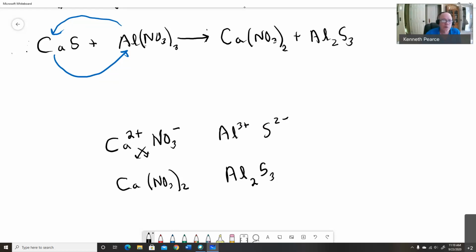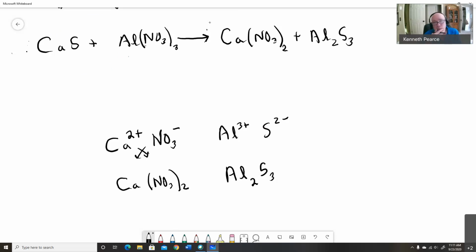Okay, now at this point the equation is not balanced, and so we do need to balance the equation. And so we look over here and we see calcium. We have 1 calcium on each side. Well, so far so good. I see 3 nitrates over here on the left hand side with the aluminum nitrate, and I see 2 on the right hand side.